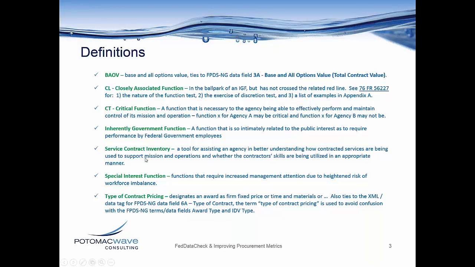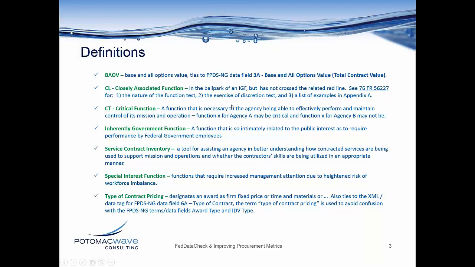If in the service contract inventory you notice that you have a critical function that is exclusively being performed by contractors, there are no federal employees in the mix supplying that function, and if you have low-level, low-skilled contracting people, relatively inexperienced people overseeing those contracts, then that would be something the service contract inventory report might flag and say, hey, the agency should look at that more closely.